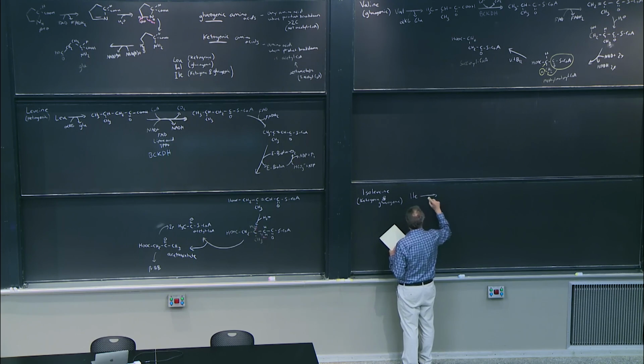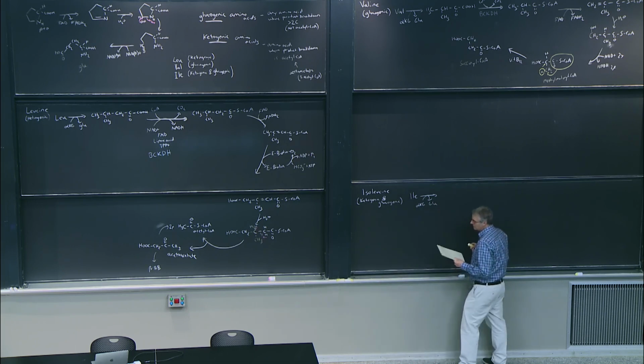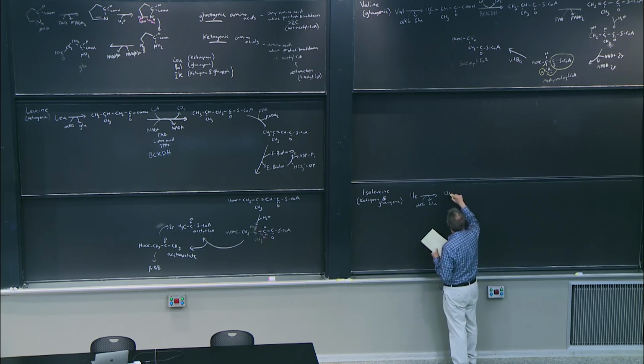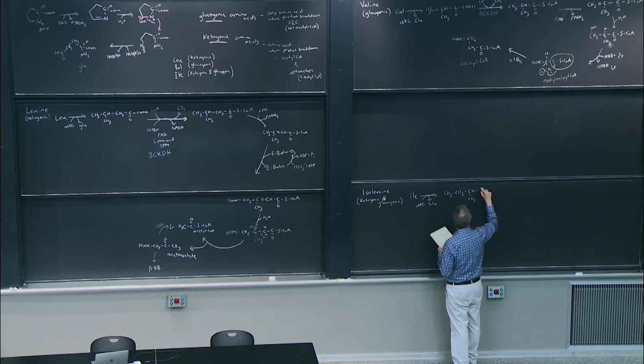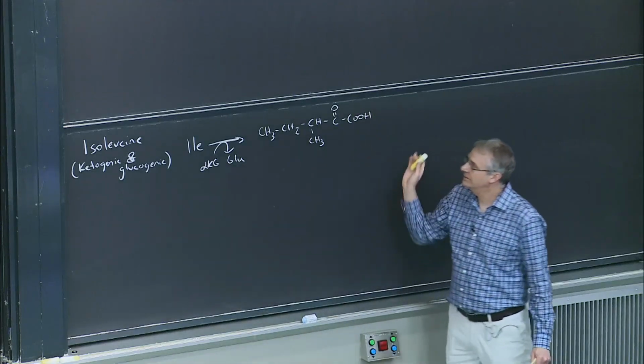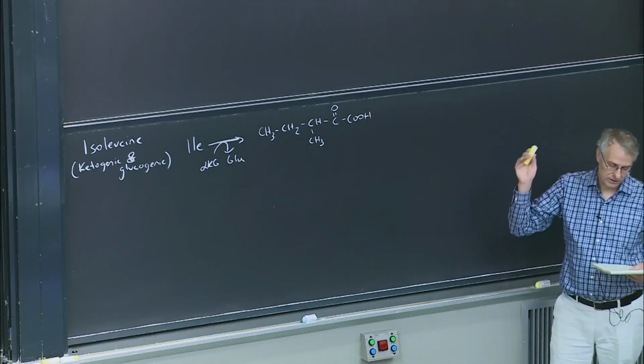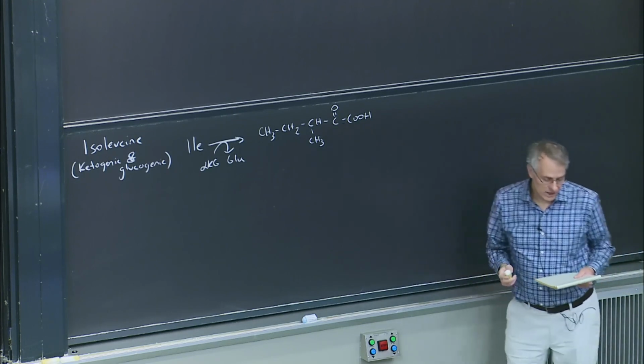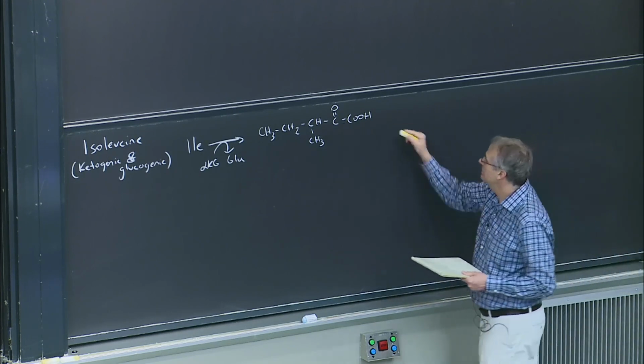So if we start with isoleucine, first we undergo transamination, alpha-ketoglutarate to glutamate, and you get the branched chain alpha-keto acid. Okay, so that's isoleucine as an alpha-keto acid rather than an amino acid.